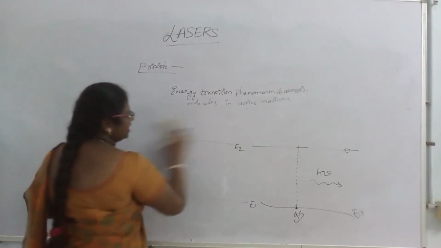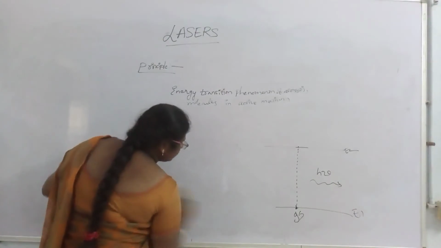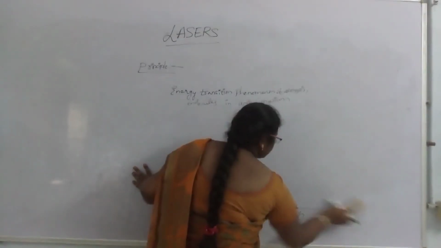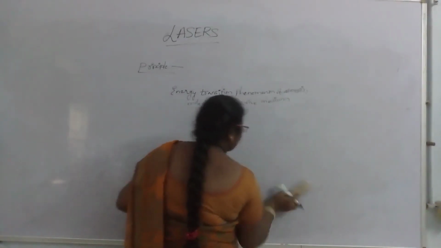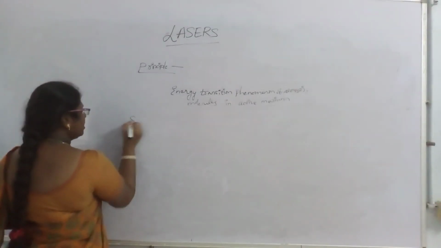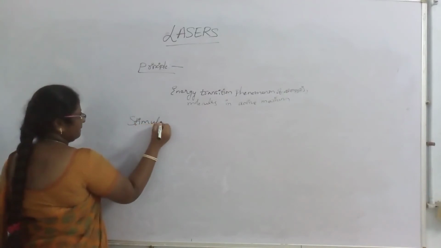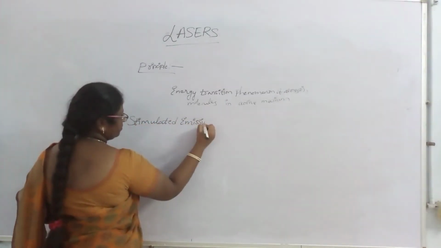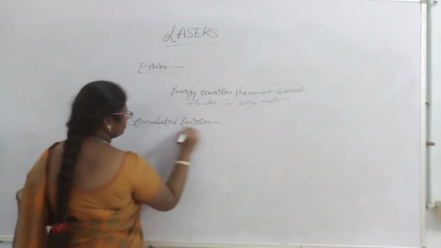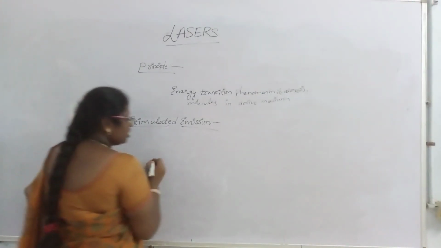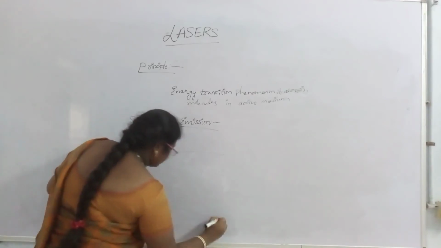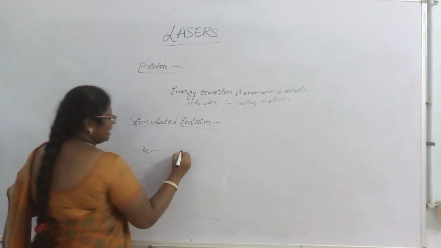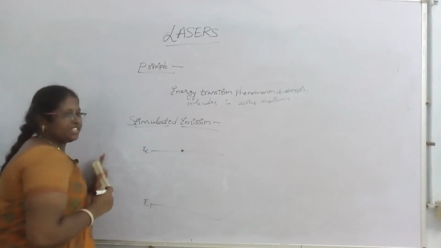The next one is stimulated emission or induced emission. What is stimulated emission? Here also consider two energy levels. This is E2, this is E1. The atom is in the excited state, same as in spontaneous emission.